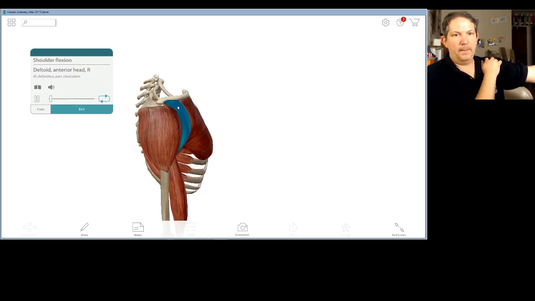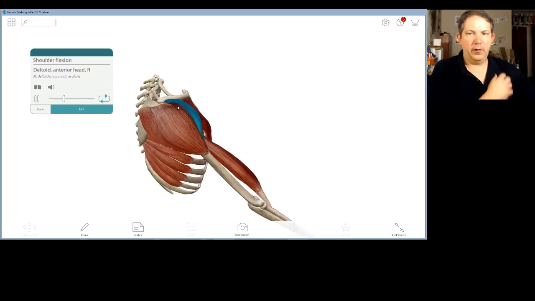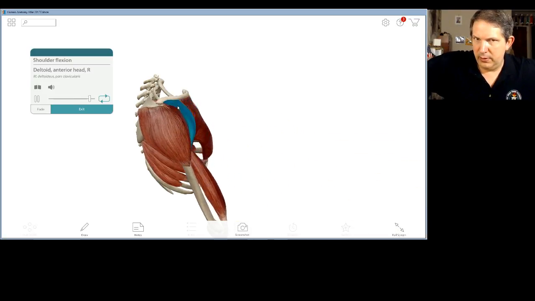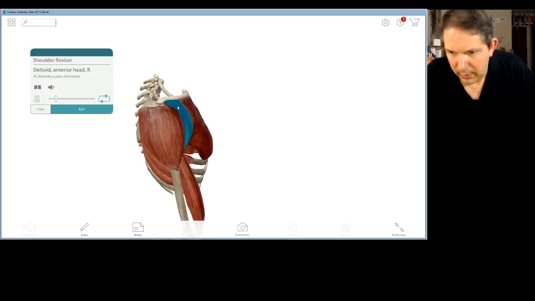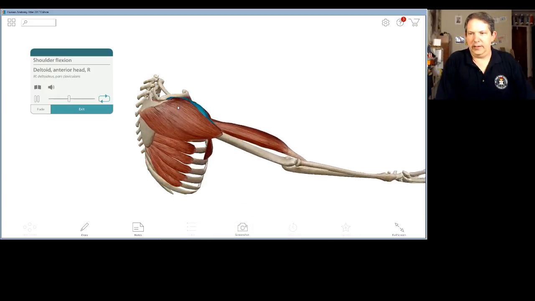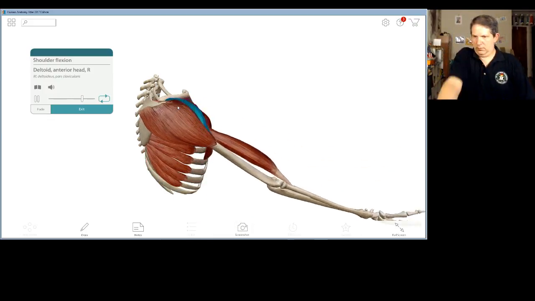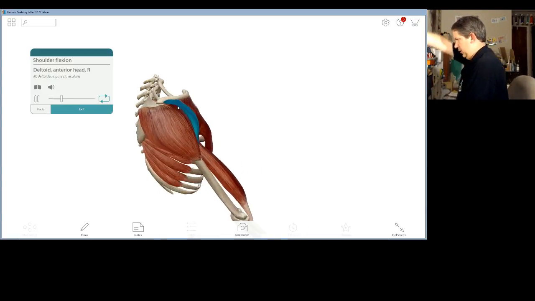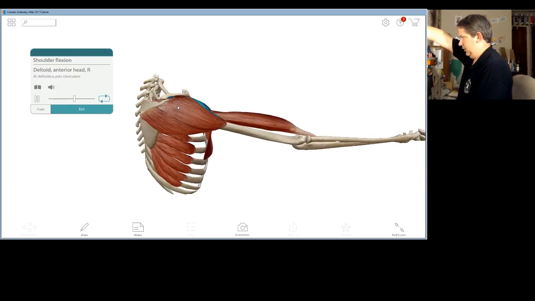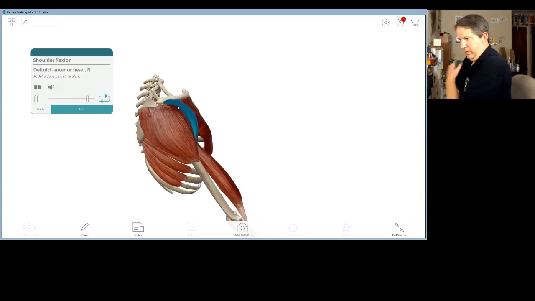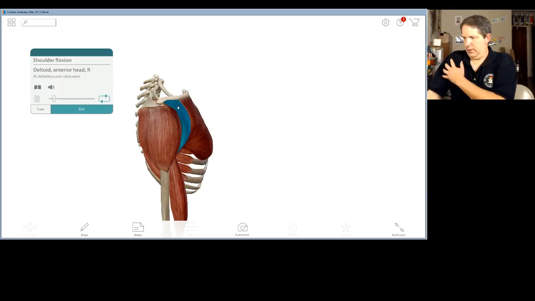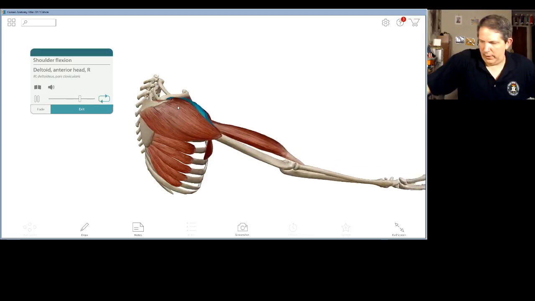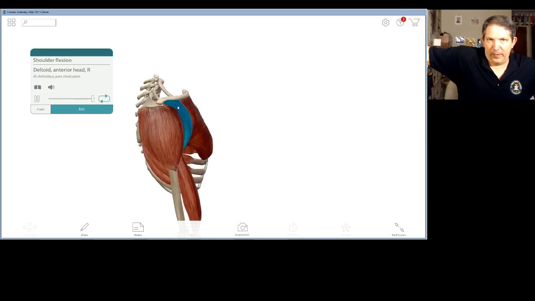Now you can realize too, though, that the deltoid muscle does this. This is not the same as this. So this is extension of the shoulder joint. This is abduction. We're going out laterally from the midline of the body.